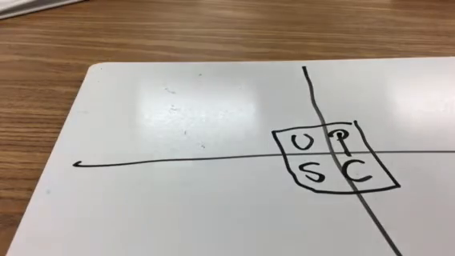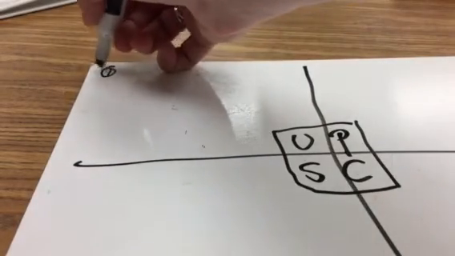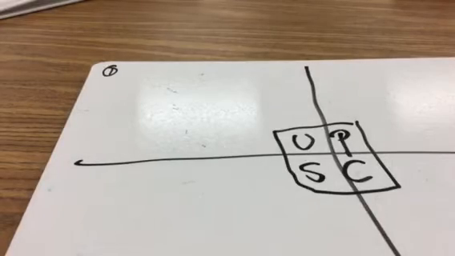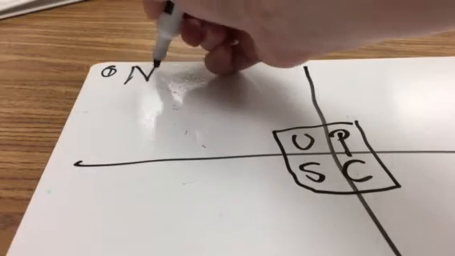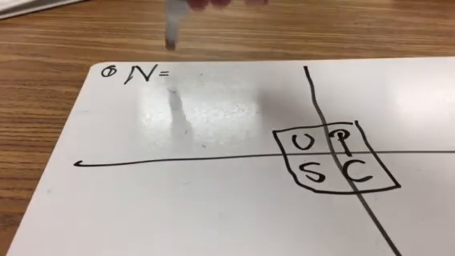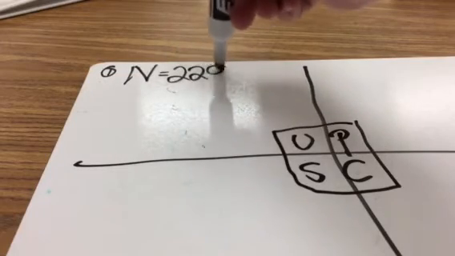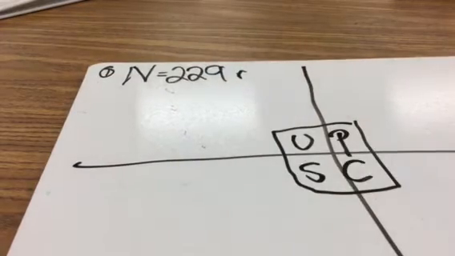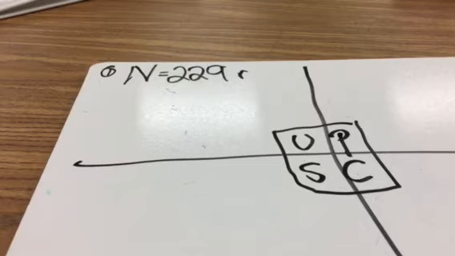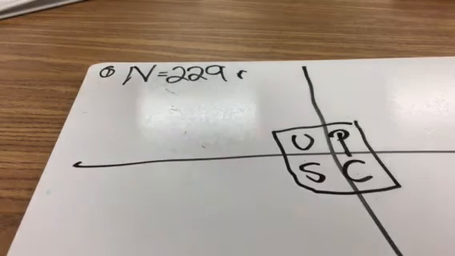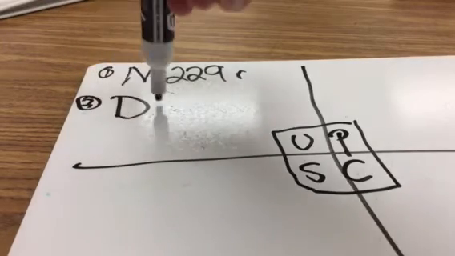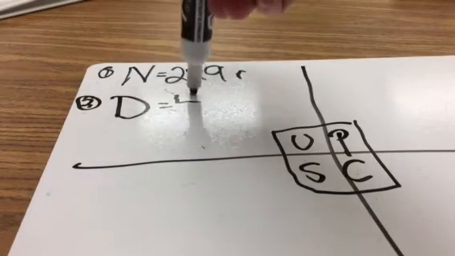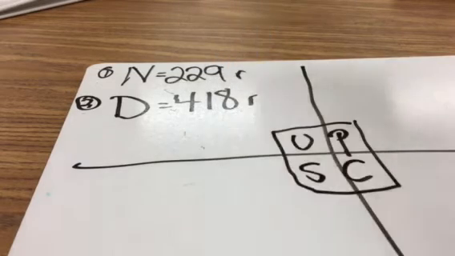So I see first sentence. It says Natalia has 229 rocks in her collection. So I think that's important because usually numbers are important. So I know Natalia has 229 rocks. Okay, second sentence. Devin has 418 in his collection. So in the second sentence, we find out that Devin has 418 rocks.